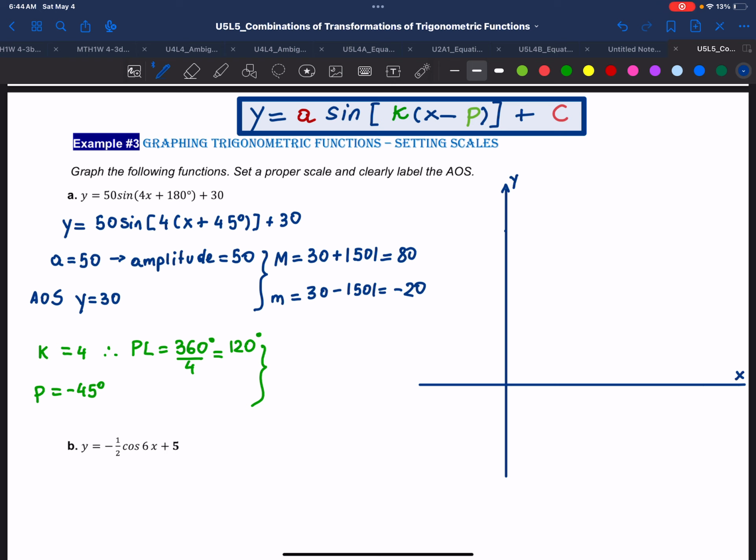Now I know that my cycle will start here at negative 45 degrees. So I will give enough room to negative 45 degrees, which in our case is somewhere in here.